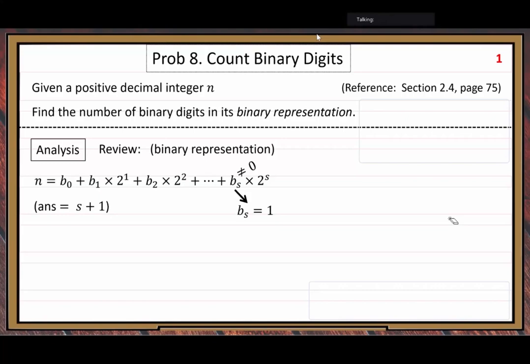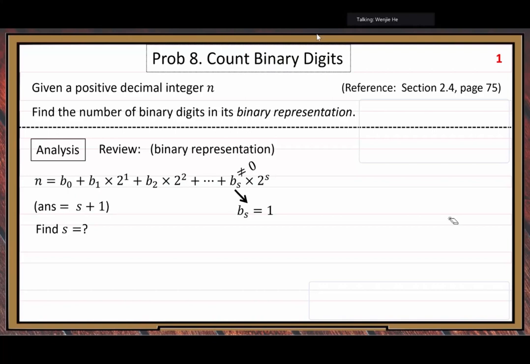So we need to do some work on this main formula here. In order to find s, we need to change the form of the original formula, and see what we can get.